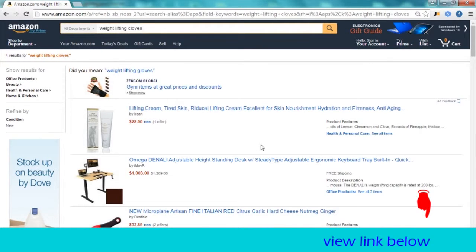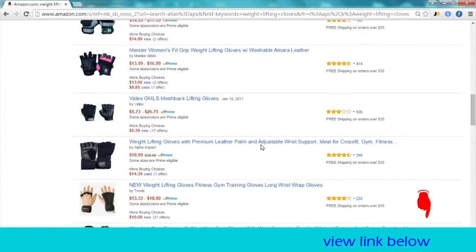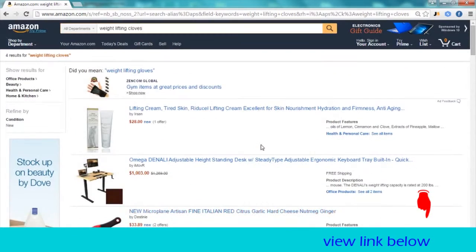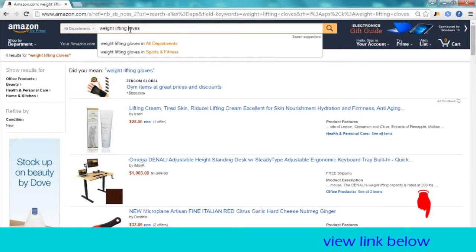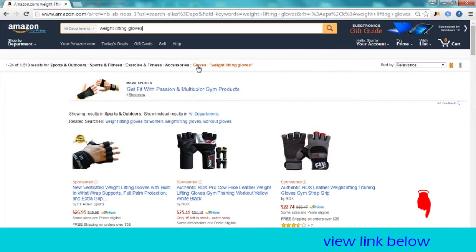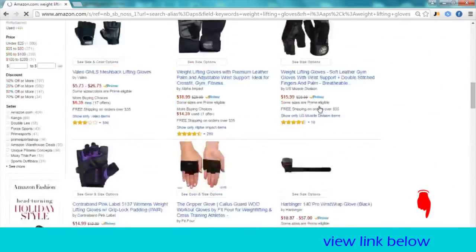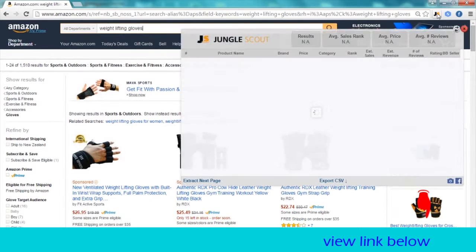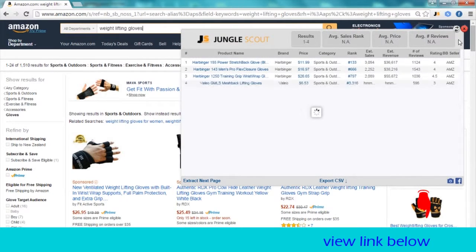All these are weightlifting gloves over here. Okay, let's see what Jungle Scout gives us. We go into it, and it populates our spreadsheet.